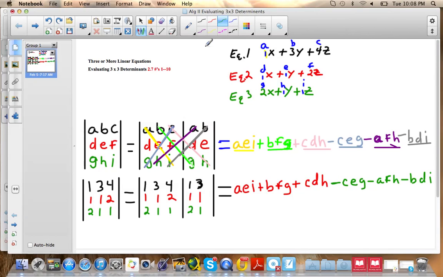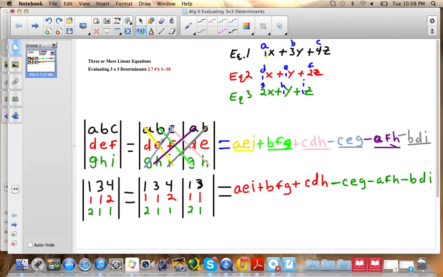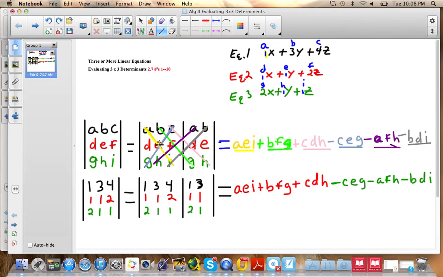Well, now let's go back and take a look at what I did before. And I said I had A, E, I. Okay, so let's look at that. Oh, let me grab my column here. Okay, again, A, E, I. So what numbers correspond with those positions?